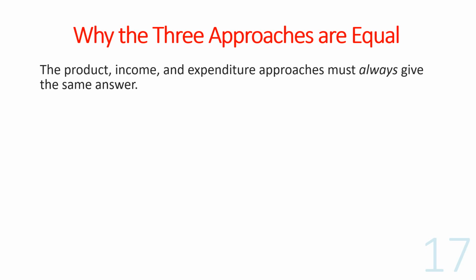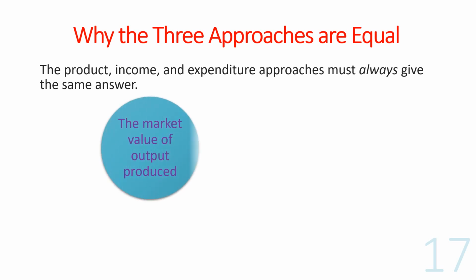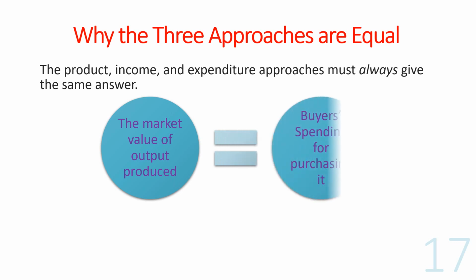The logic of why these three approaches give the same answer is: number 1, observe that the market value of goods and services produced in a given time period is by definition equal to the amount that buyers must spend to purchase them.